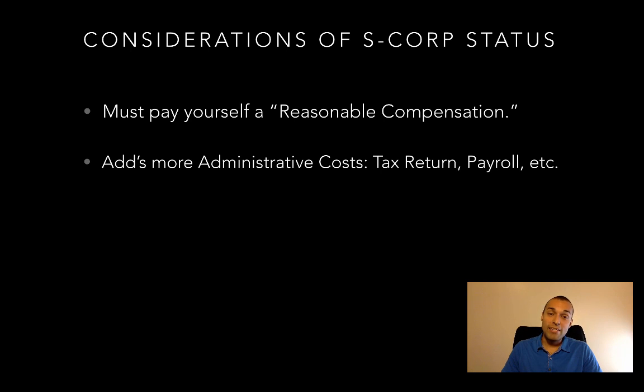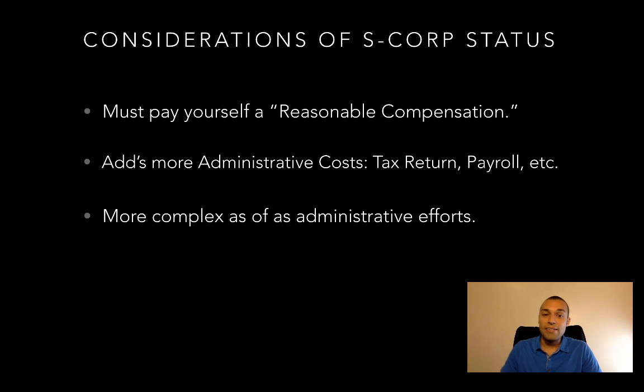S-corps have to file their own tax return, which means you're going to have a tax return prep fee. You're also going to have to run payroll for yourself, and that's going to add another $400 to $600 a year of administrative costs. So sure, it makes your business a little more complex on the administrative end.